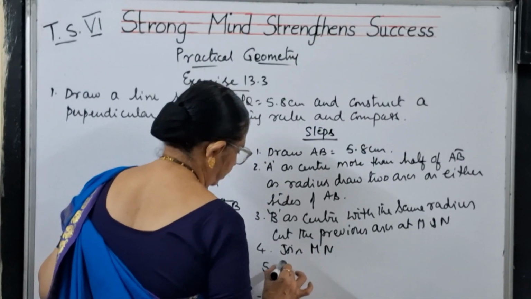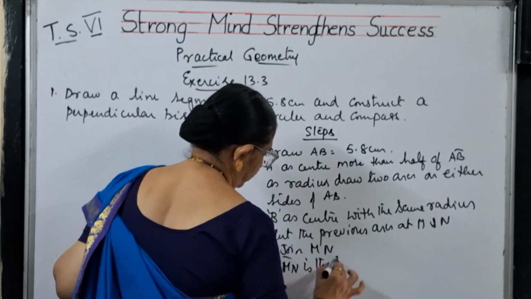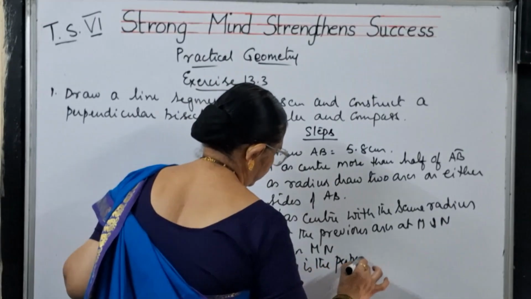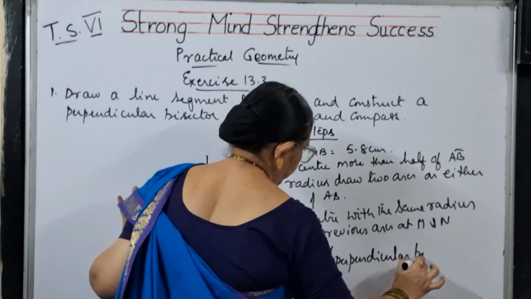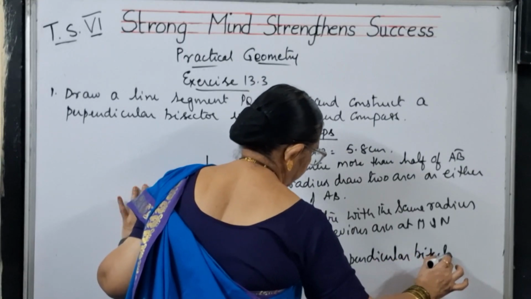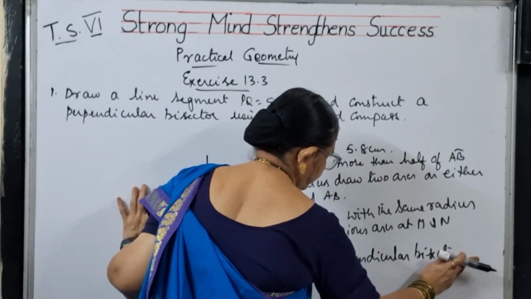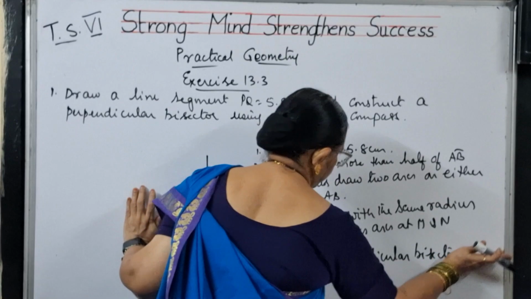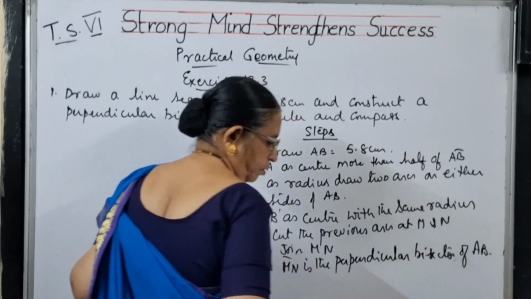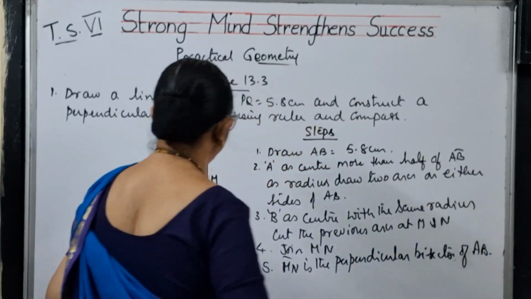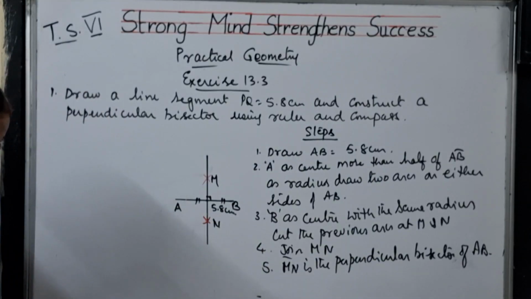Fifth point, MN is the perpendicular bisector of AB. So this is the solution for the first problem, children. Please note it down.